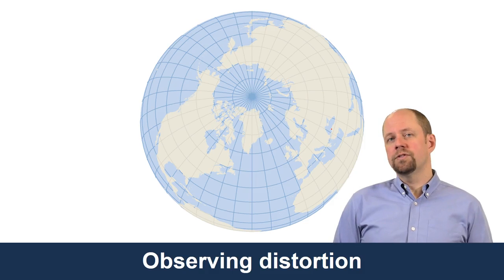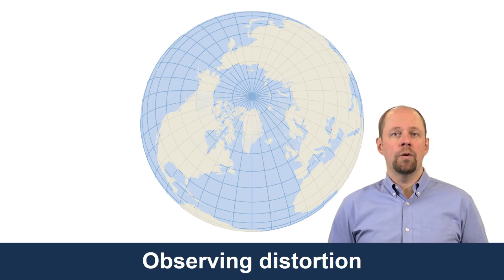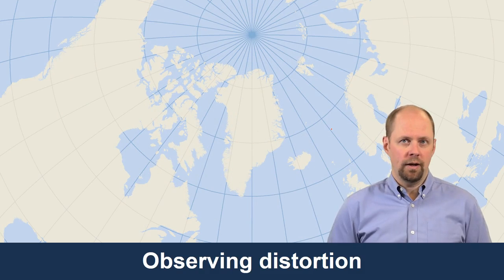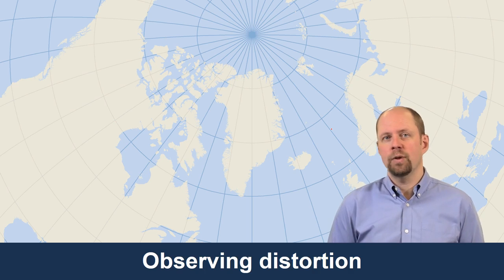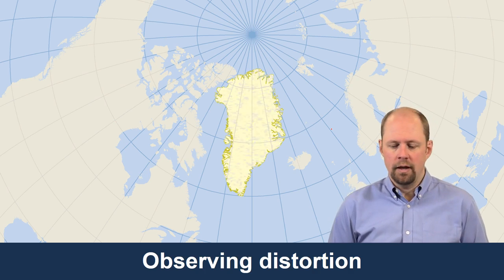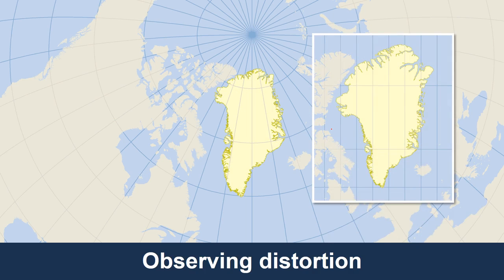We can observe distortion that's taking place by zooming in on one part of the world and seeing what's happening. Let's go to Greenland. It's a great example because there's a lot of distortion that takes place, especially when we look at something like the Mercator projection. So we have here what's meant to look like what it would be on a reference globe. And you can see that the meridians are converging towards the poles as they should be.